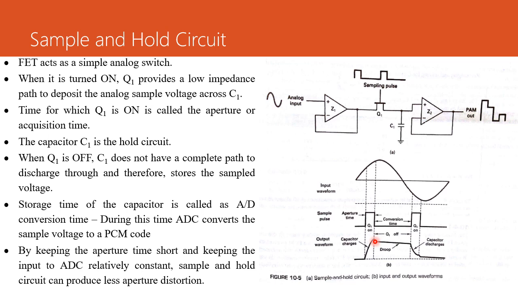That is why, when your sample pulse is low, your capacitor will hold that value, and again when your sample pulse goes to a high value, the capacitor gets a path to discharge, so it discharges to 0. That is a sample and hold circuit. The working of this sample and hold circuit can be explained with the help of this circuit as well as this waveform.